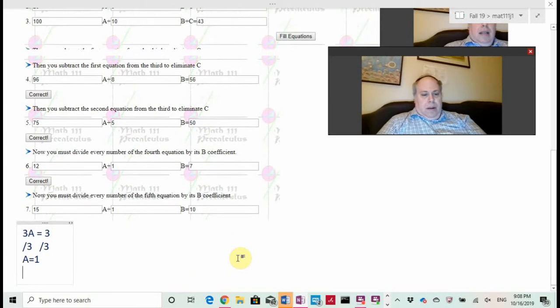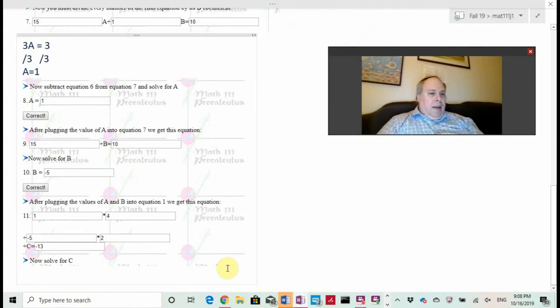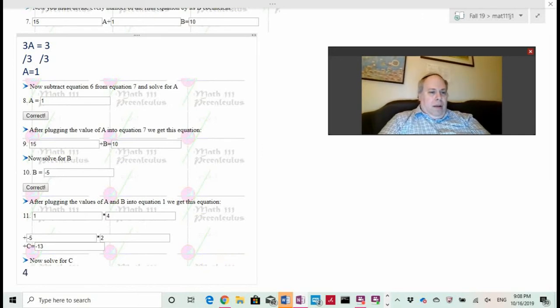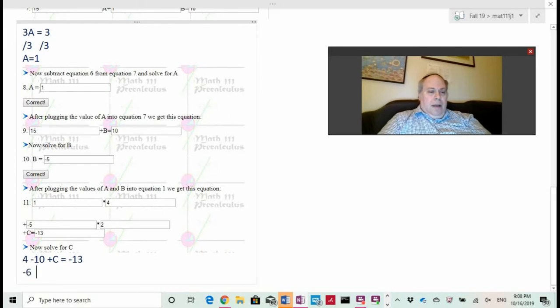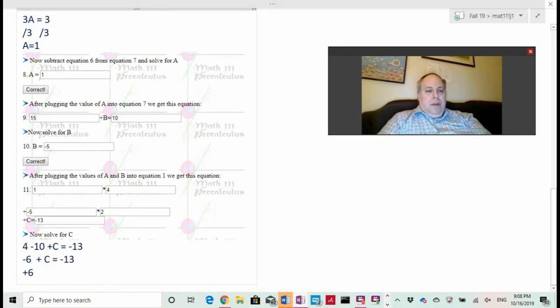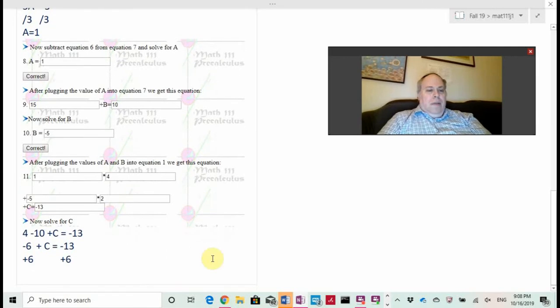That's going to give me 4 minus 10 plus c equals minus 13. Minus 6 plus c equals minus 13. We add 6 to both sides, and we get c equals minus 7.